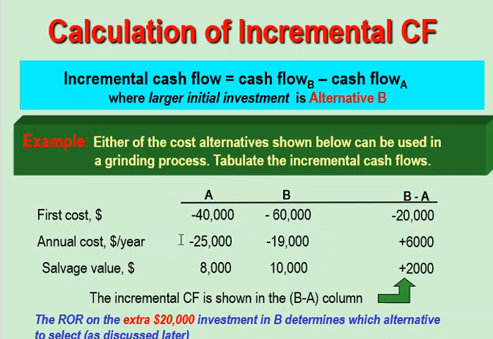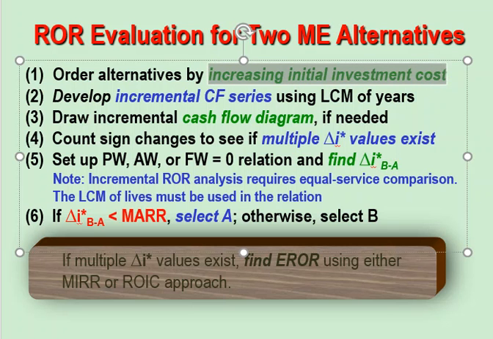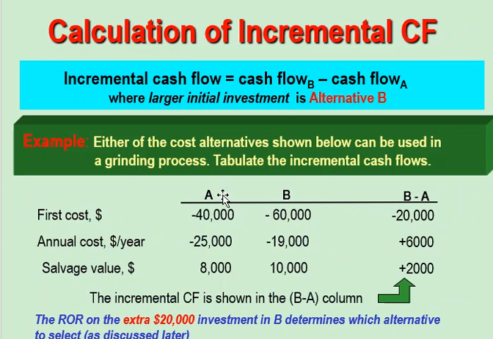So you put A and all its payments before B. So this is the way the table has to look, A then B. After you put them in order like that, and as I said, again and again, I repeat, order alternatives by increasing initial investment. You put them in order not based on salvage, no, based on the initial investment, the first one.